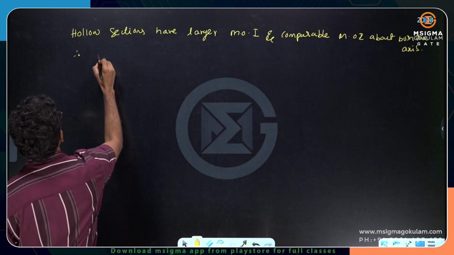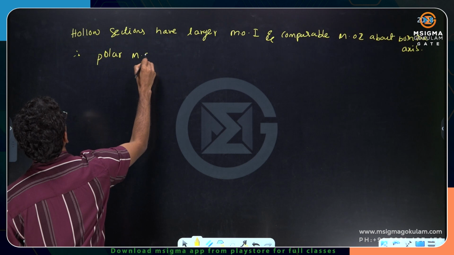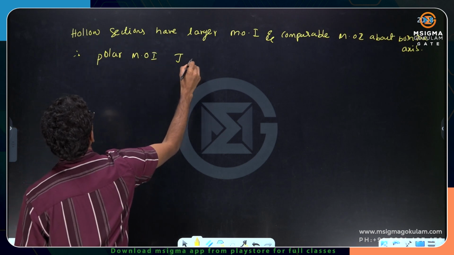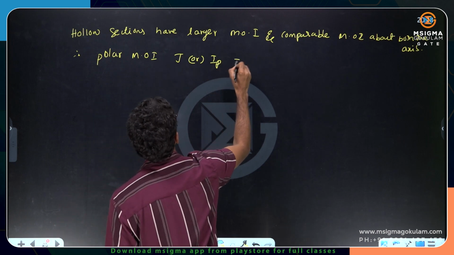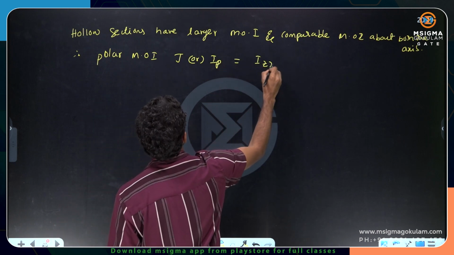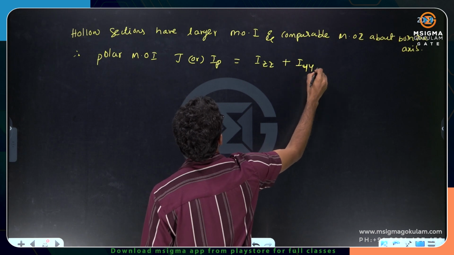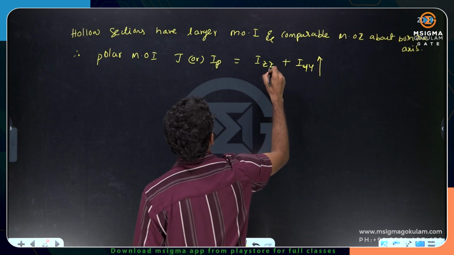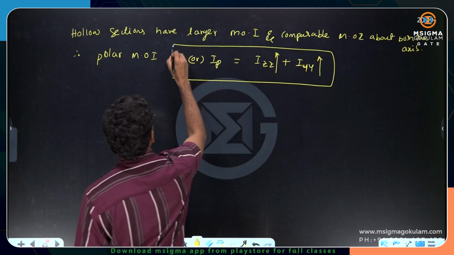Therefore, polar moment of inertia is more. Polar moment of inertia J or IP is equal to IZZ plus IYY. So individual moments of inertia are more, therefore polar moment of inertia is also more.